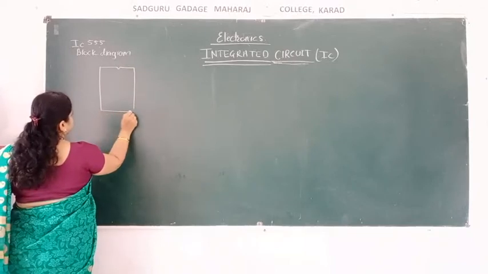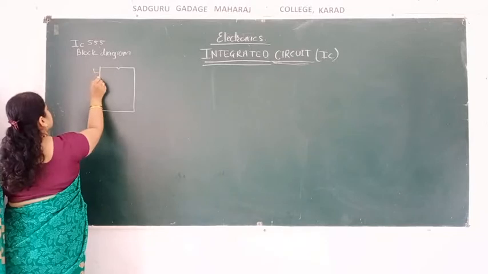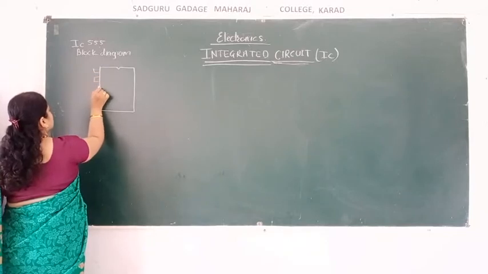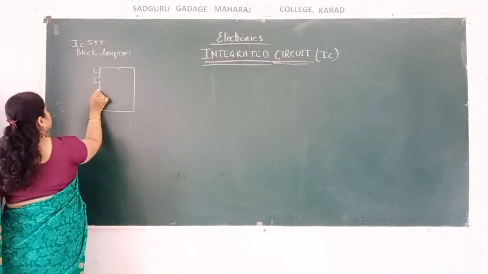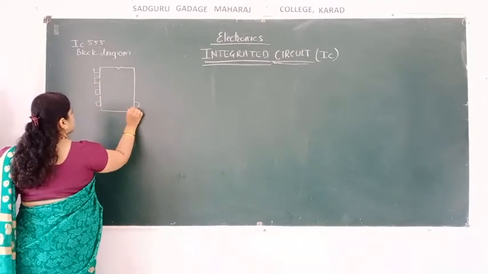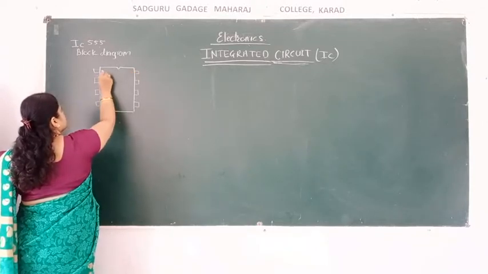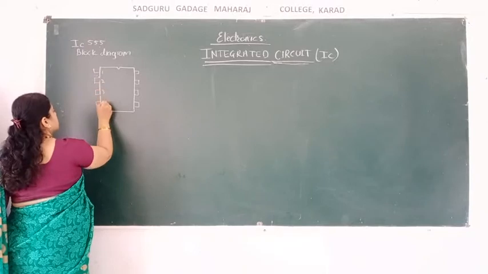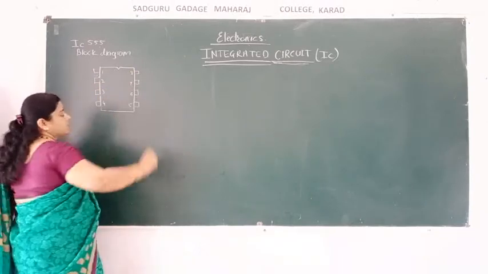This IC has 8 pins: 1, 2, 3, 4, 5, 6, 7 and 8.